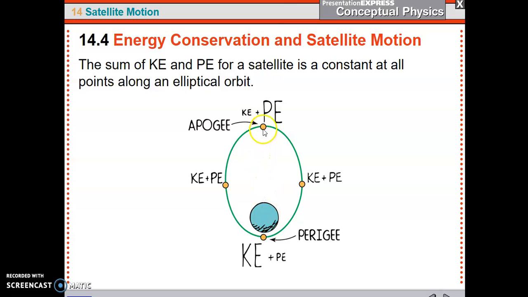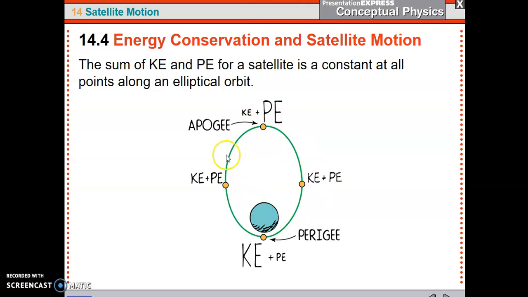Over here, the height is really high, so the potential energy is really high. But the speed is really slow. So that's small KE plus big PE is our constant mechanical energy, ME. Both are medium, you get the same ME. One big, one small, you get the same mechanical energy.